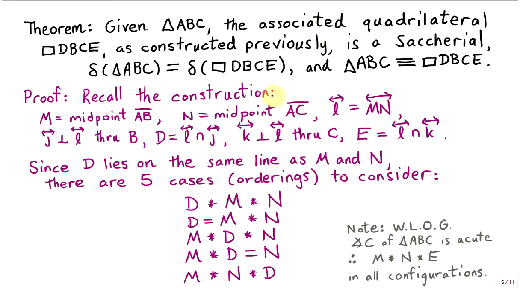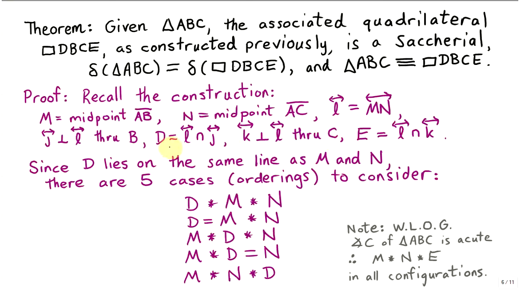Now, as we mentioned before, the construction, starting out with a triangle ABC, we construct the midpoint of AB, the midpoint of AC, and join these points by a line L. And then we construct two perpendiculars to the line L, one running through the vertex B of the triangle, and one running through the vertex C of the triangle.